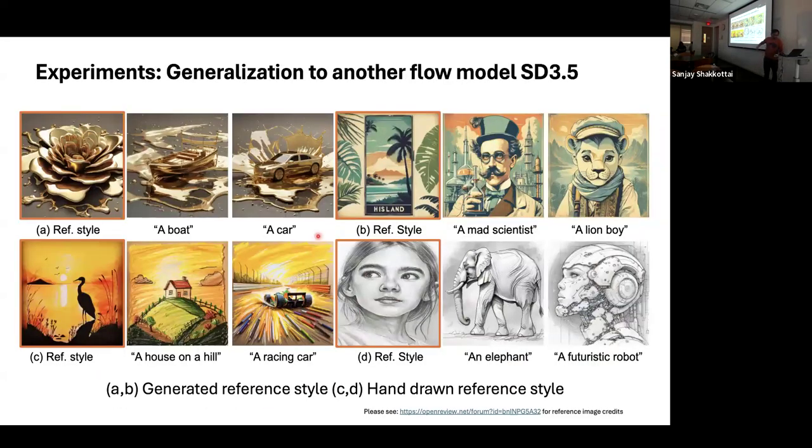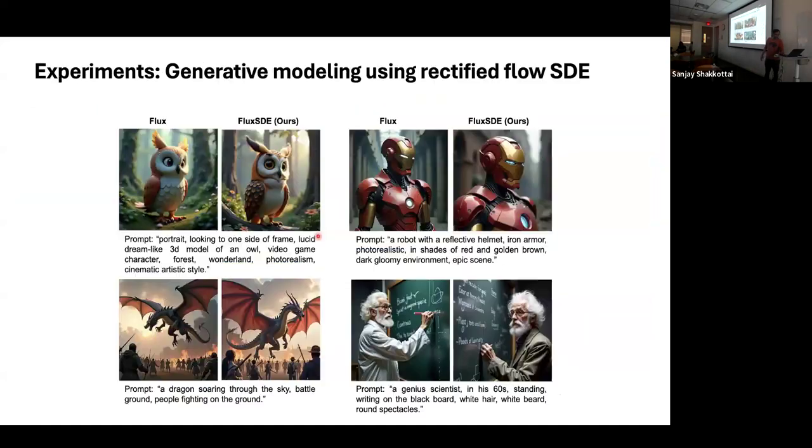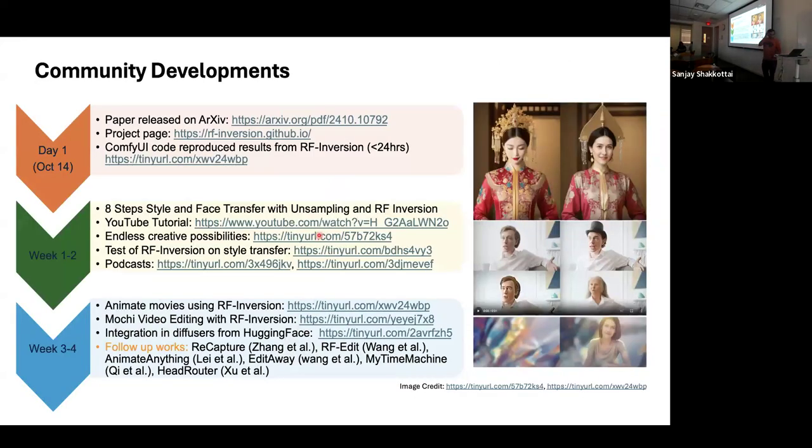Let's see. Yeah, so since I'm almost out of time, you get a sense of what these methods can do. And so there's been a lot of interest from the community once we released RF-Inversion. In particular, somebody else took it and we put it into Mochi, a video model.